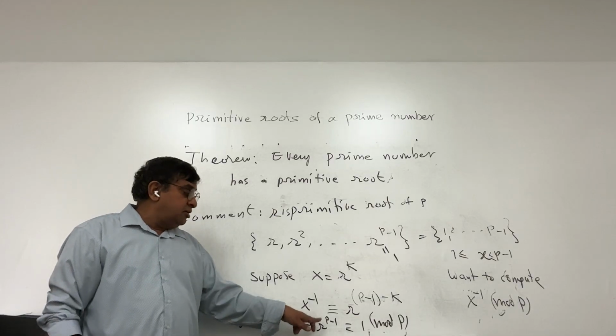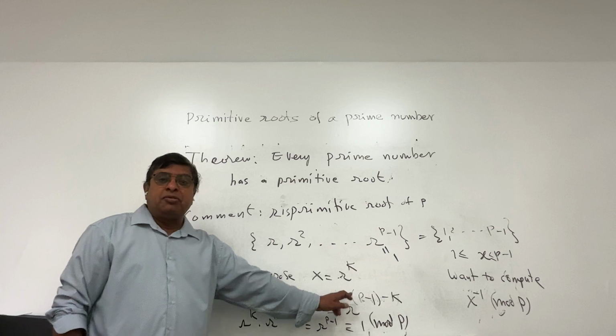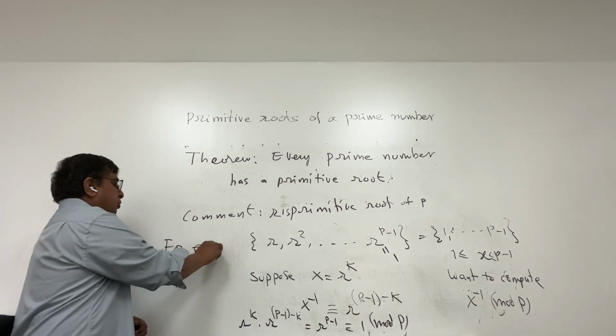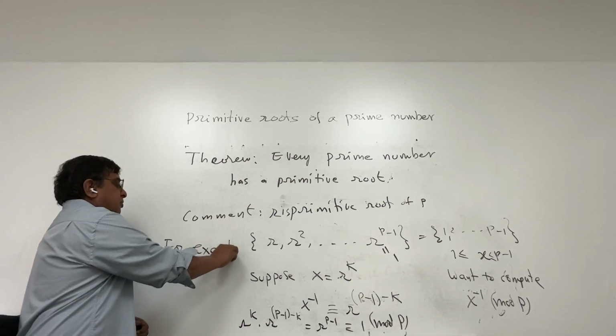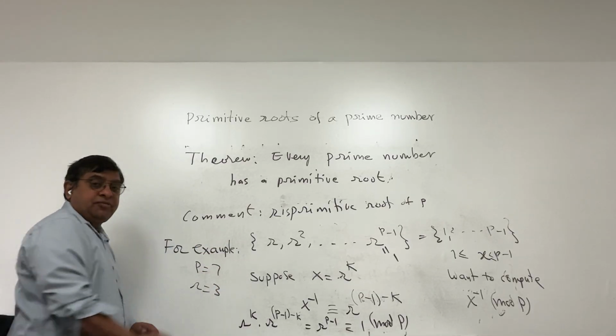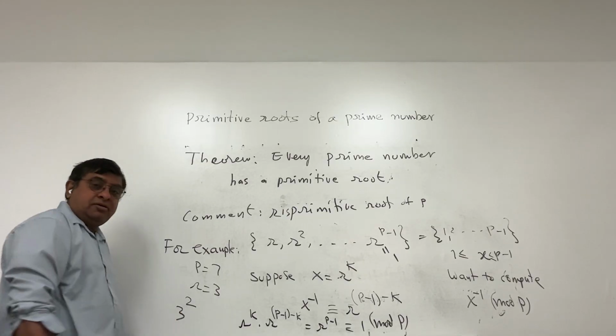You simply subtract the exponent from p minus 1. So for example, if p is 7 and r is 3, what is the inverse of 3 squared?